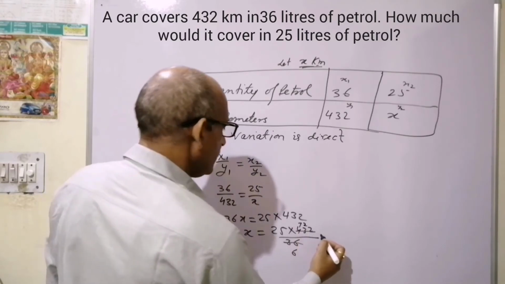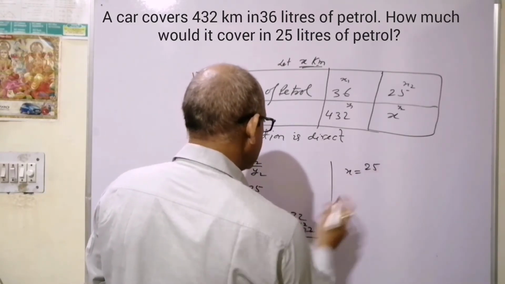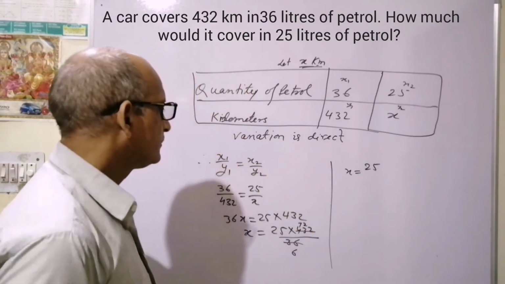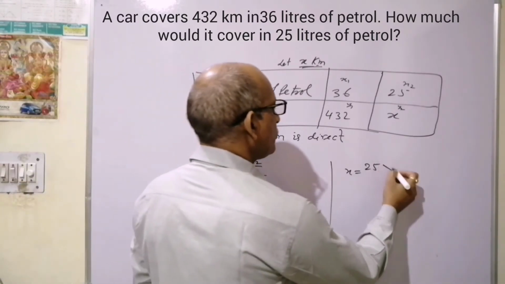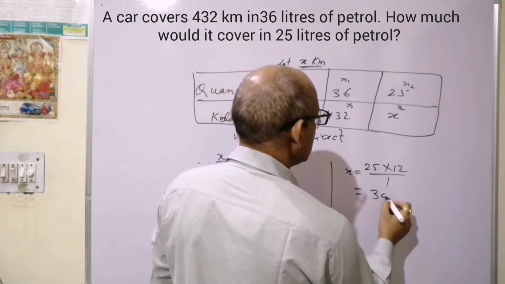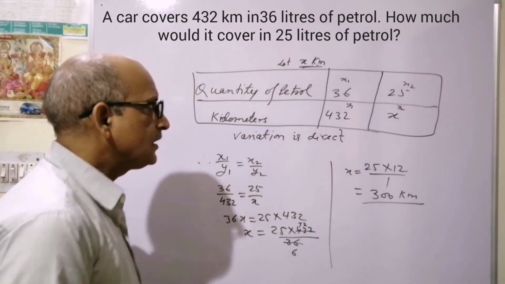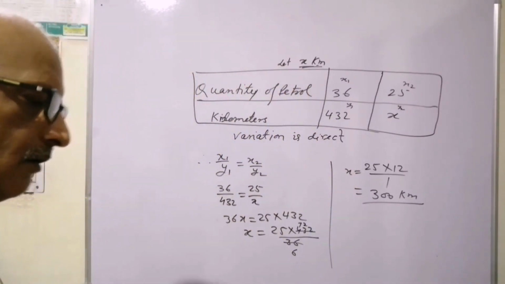Again it is cancelable. So you'll get x is equal to 25 into, this can be cancelled by 6, again, 25 into 12 upon 1. 300 kilometers will be covered by the car using 25 liters of petrol.